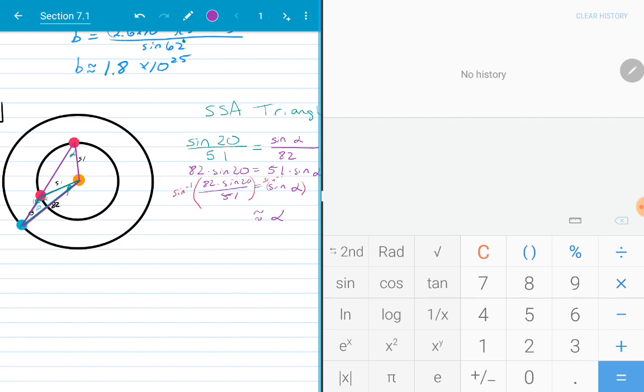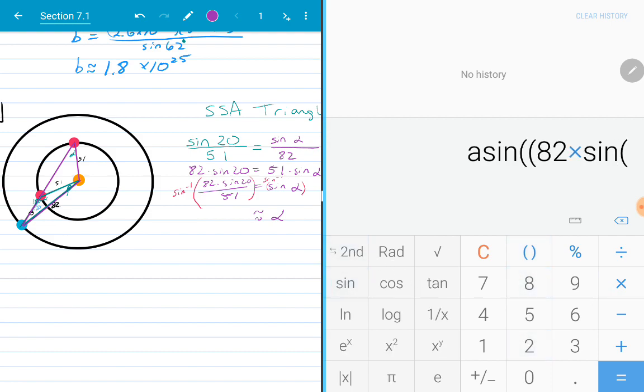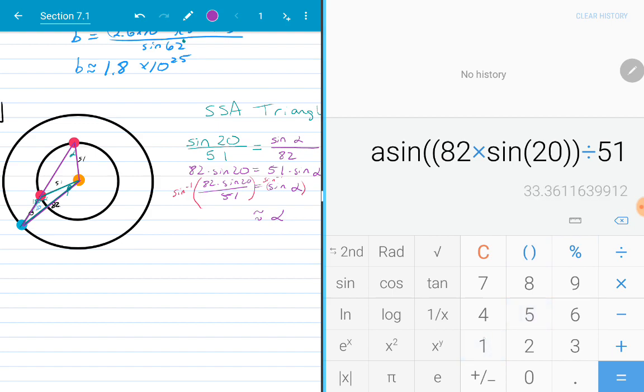My 20 is in degrees, so I'm in degrees. I take sine inverse of, with a parenthesis for my numerator, 82 times sine of 20, close the sine, close the numerator, divide by 51, and close the sine inverse parenthesis.